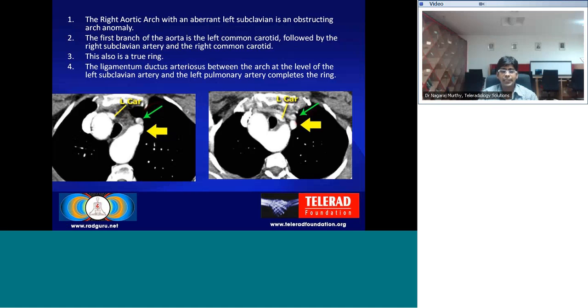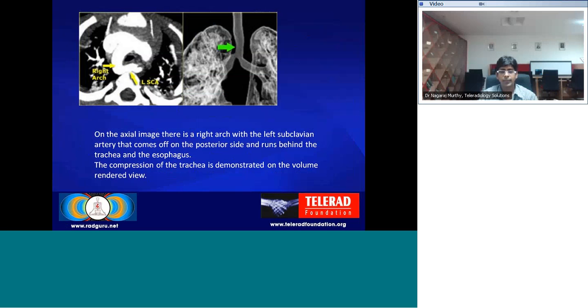The ligamentum of the ductus arteriosus between the aortic arch at the level of the left subclavian artery and the left pulmonary artery completes the ring. This is another image showing right aortic arch with aberrant left subclavian artery crossing posterior to trachea and esophagus. The MPR image showing indentation of the trachea.